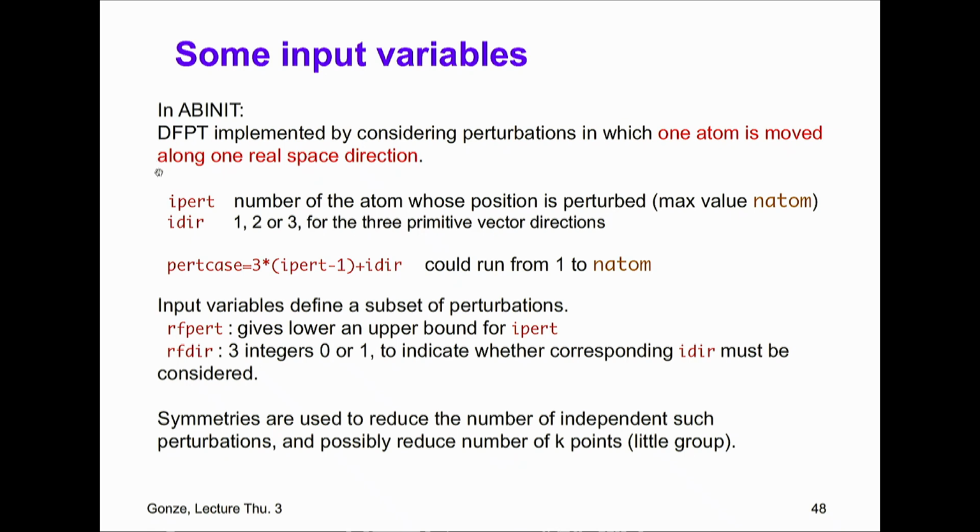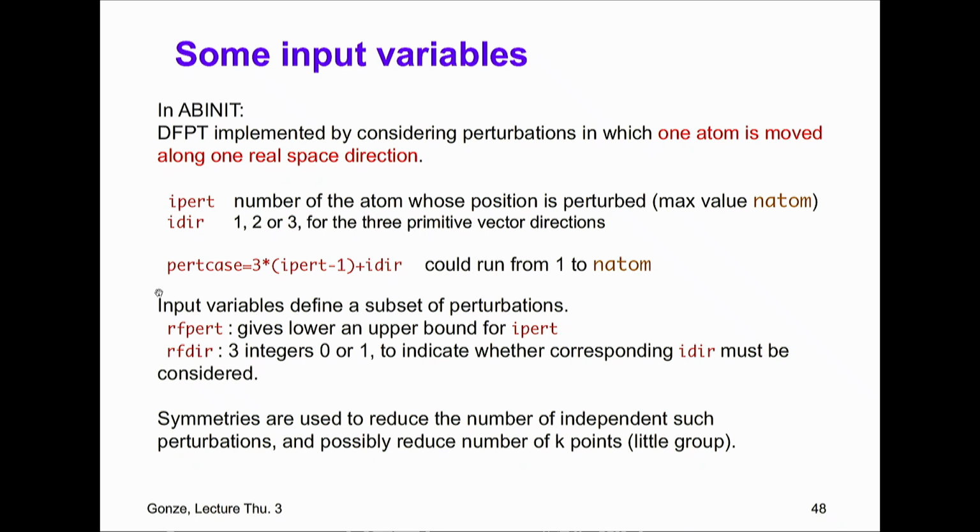And then we have an input variable that defines a subset, possibly, of perturbations. If you want simply to do one perturbation, it is possible. Usually you will do all perturbations, moving all atoms in all 3 directions. This is RF_ATPOL, which gives lower and upper bound for I_PERT, and RF_DIR, 3 integers that might be 0 or 1 to indicate whether the corresponding I_DIR must be considered.